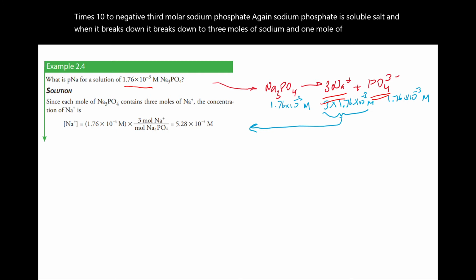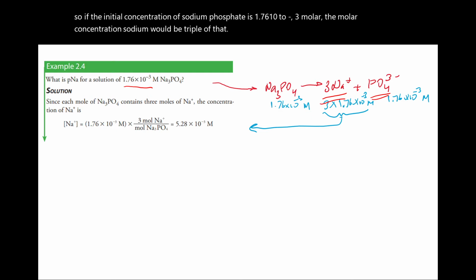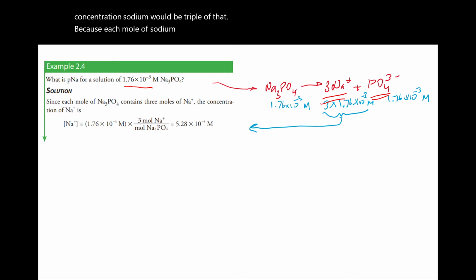So if the initial concentration of sodium phosphate is 1.76 times 10 to negative 3 molar, the molar concentration of sodium would be triple that, because each mole of sodium phosphate generates 3 moles of sodium, so the molar concentration will be 3 times.